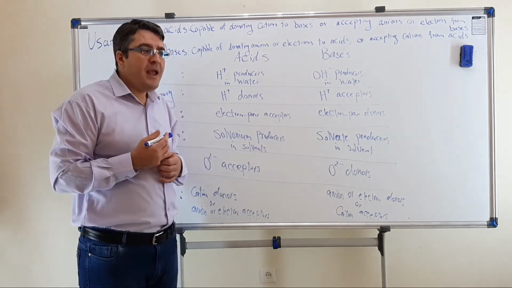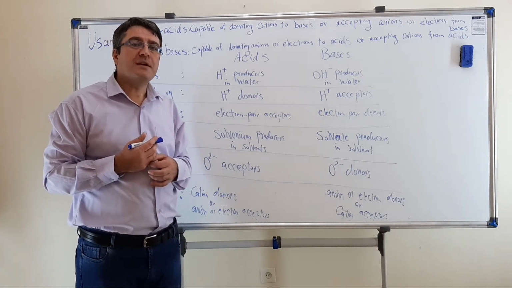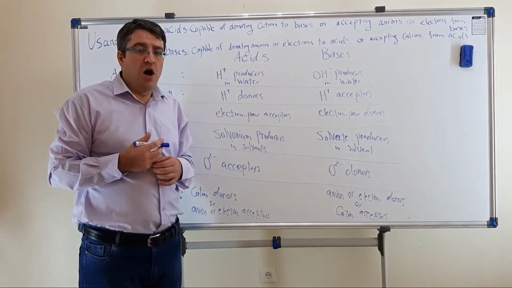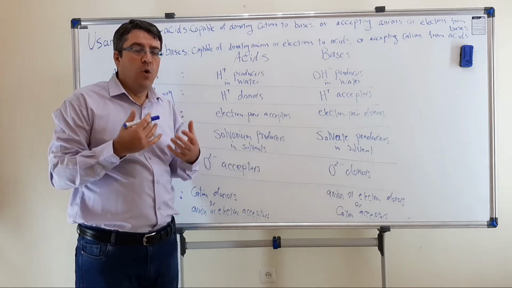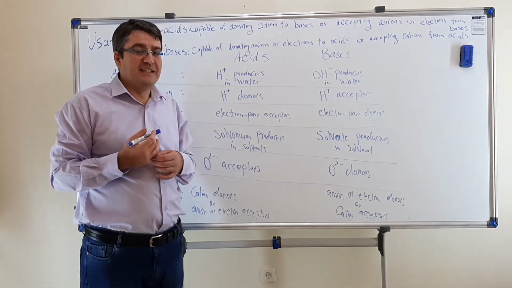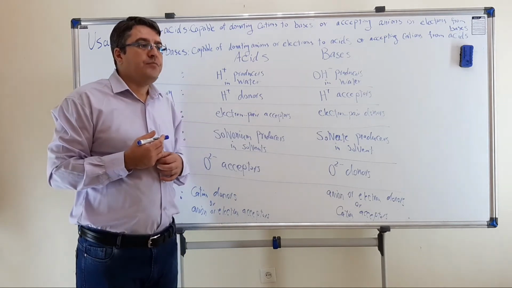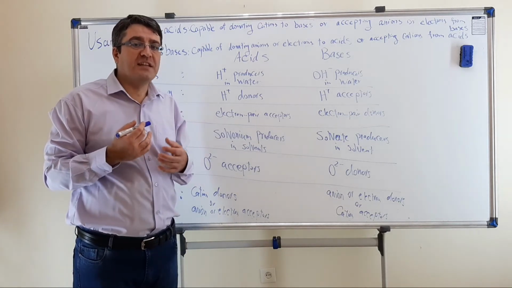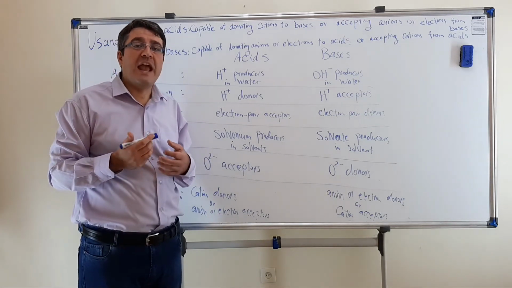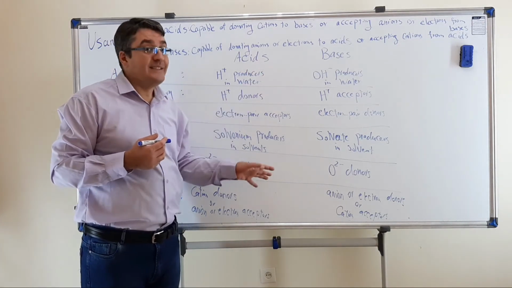We can see many examples in the context of acids and bases that chemical species with a high positive charge on one of the atoms or on the whole species usually behave well as acids, while chemical species with a high negative charge on one atom or on the whole species usually behave well as bases in all of these acid-base theories.